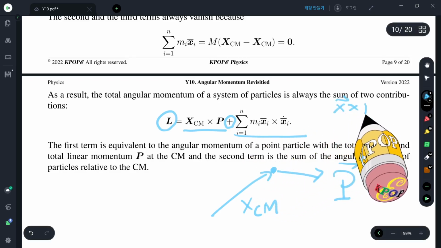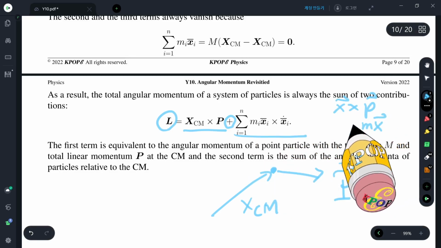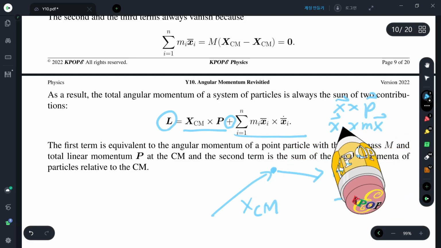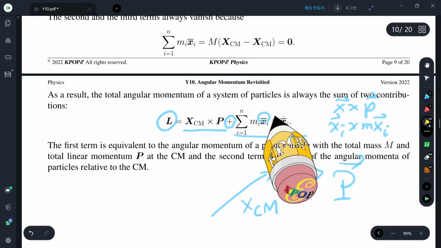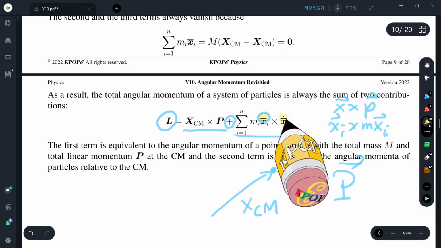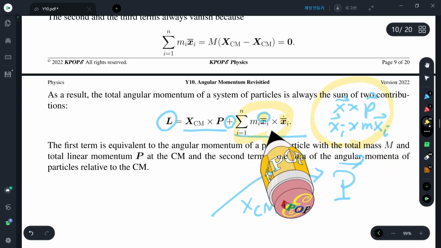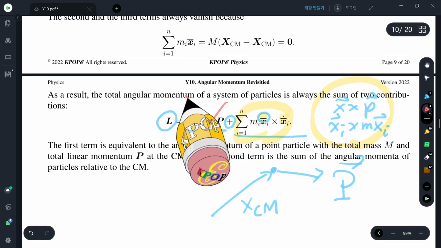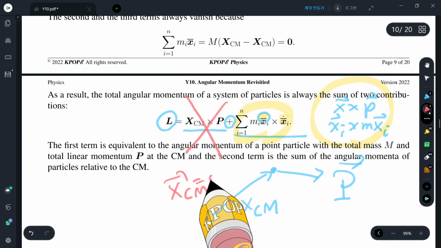the sum of x bar cross p. Here p is m x dot, and there are many particles. However, we can see this bar: angular momentum measured in the center of mass frame. So at the center of mass frame, this term disappears because x_cm is exactly 0.